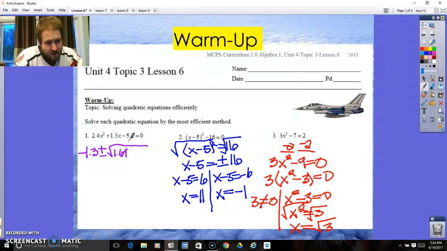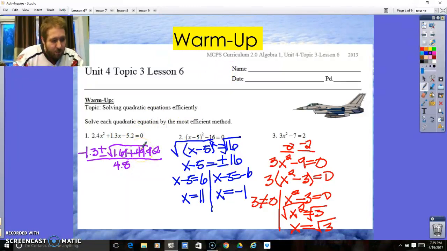Negative 4 times 2.4 times negative 5.2. That's going to give me 49.92. And then divide that all by 2 times a, which is 4.8. All right, now the discriminant, if I add those together, the 1.69, that's going to give me 51.61. So the discriminant is 51.61.